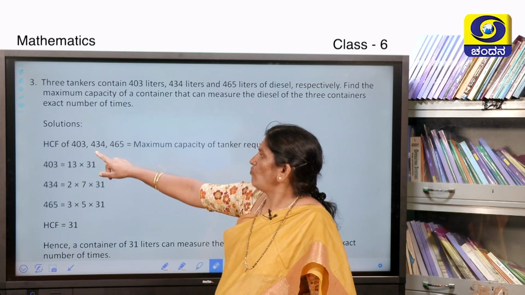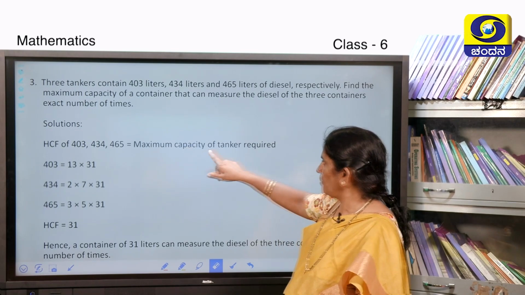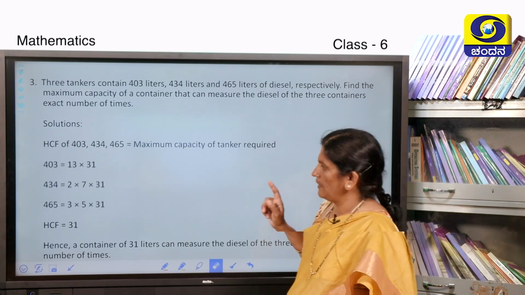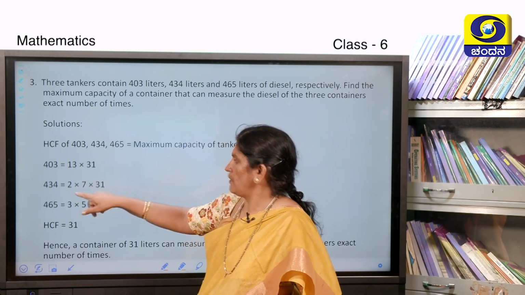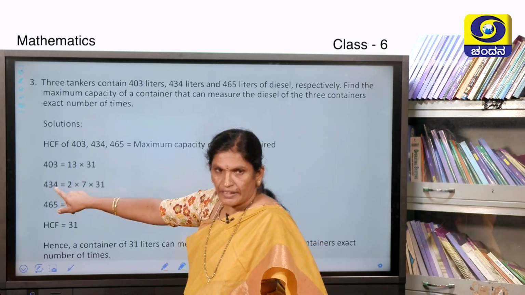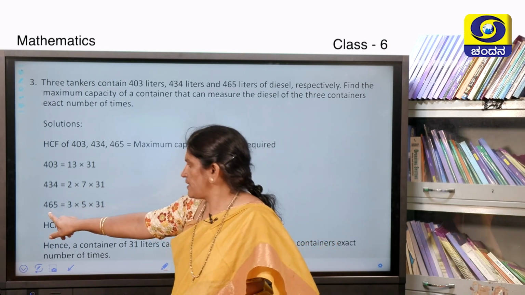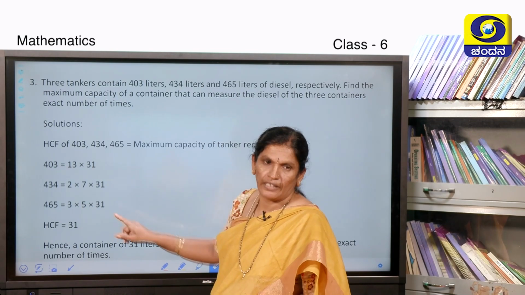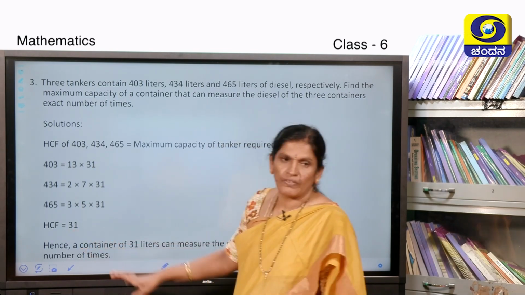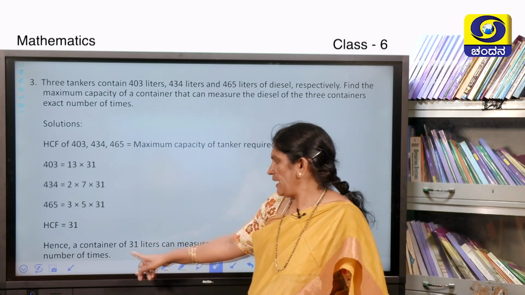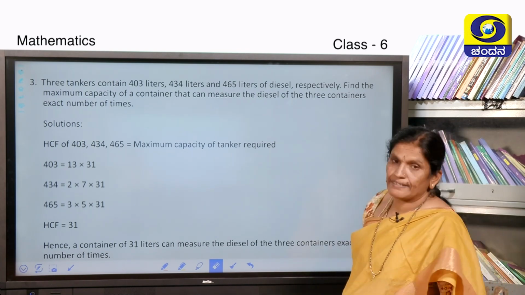So, HCF of 403, 434 and 465 is equal to the maximum capacity required. Prime factors of 403 are 13 and 31, of 434 are 2, 7 and 31, and of 465 are 3, 5 and 31. Common among these 3 is 31. So, HCF is 31. Hence, a container of 31 liters can measure the diesel of the 3 containers an exact number of times.